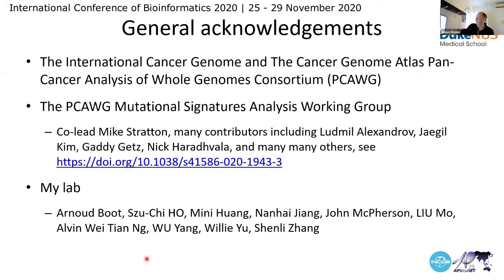The work on extracting signatures from 24,000 tumors was part of the International Cancer Genome and TCGA Pan-Cancer Analysis of Whole Genomes Consortium called PCAWG, and I co-led the PCAWG Mutational Signatures Analysis Working Group with Mike Stratton, and there were many contributors, including Ludmil Alexandrov, Jaegil Kim, Gad Getz, Nick Hardbala, and many others. And I'd also like to acknowledge many people in my lab working on this.